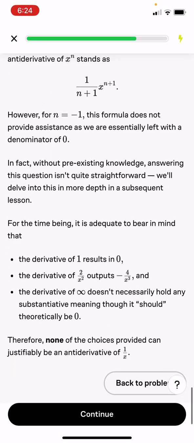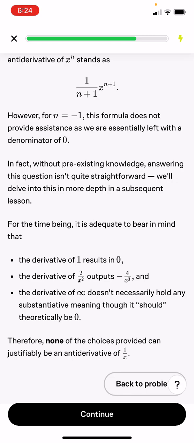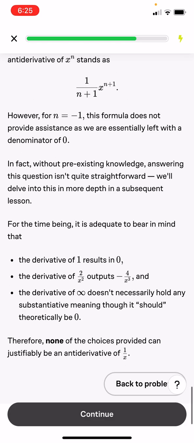For the time being, it is quick to bear in mind that the derivative of 1 is 0, and I know that. The derivative of 2 over x squared is negative 4 over x cubed. I didn't know that. And the derivative of infinity doesn't hold any substantial meaning. Therefore, none of the choices provided will be an antiderivative of 1 over x.